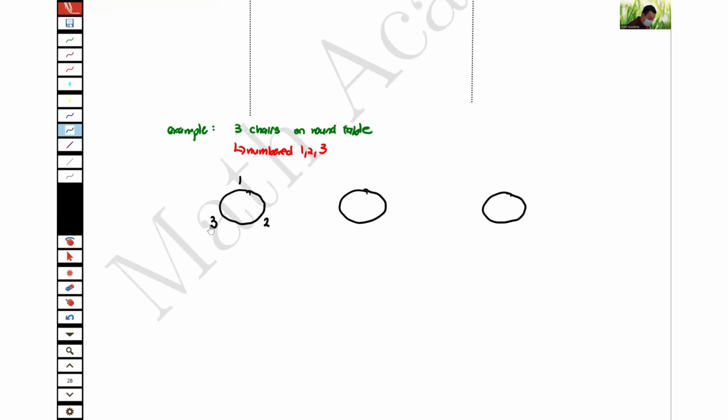The chairs are called 1, 2, and 3. And I would like to have my people being called persons A, B, and C. So chairs are 1, 2, 3. People are A, B, C. Can we try to arrange these 3 people A, B, C onto the round table?